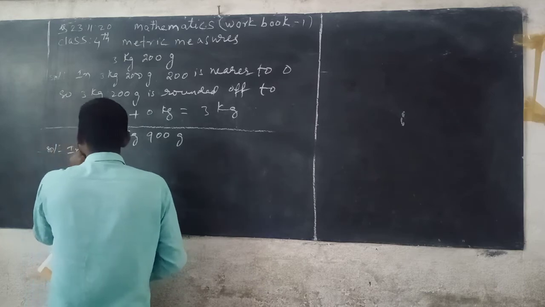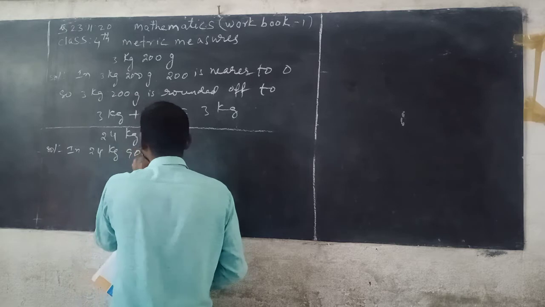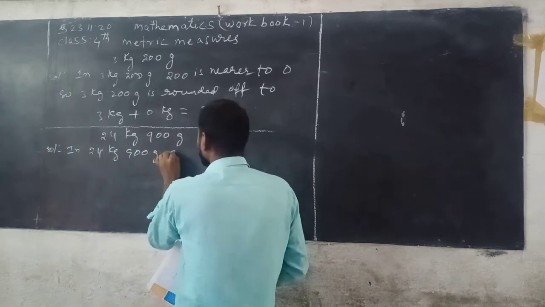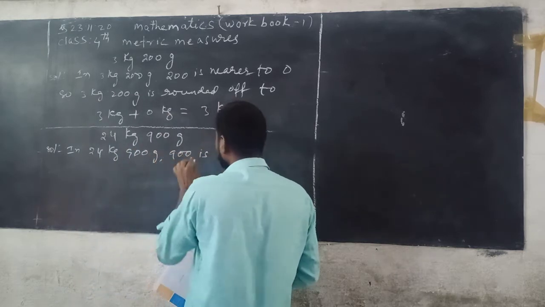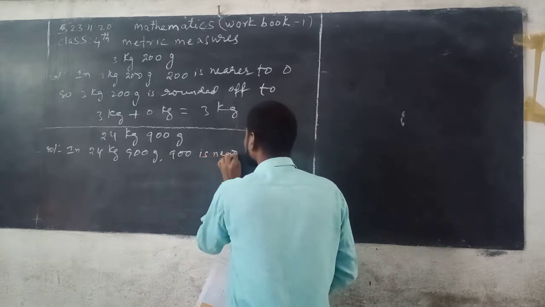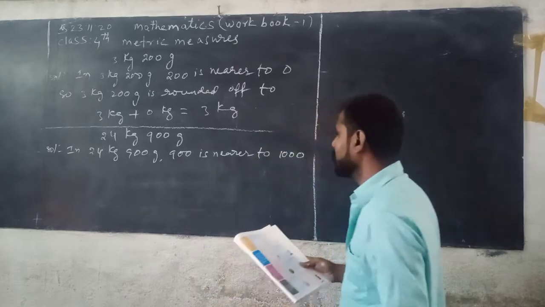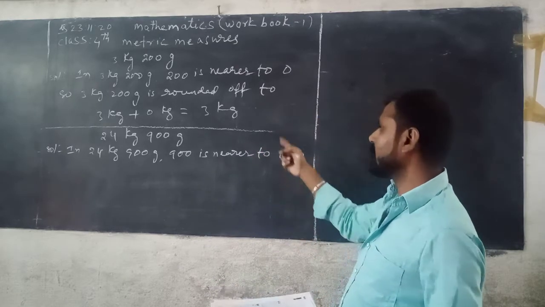In 24 kg 900 grams, 900 is nearer to 1000. So 1000 grams make 1 kg.